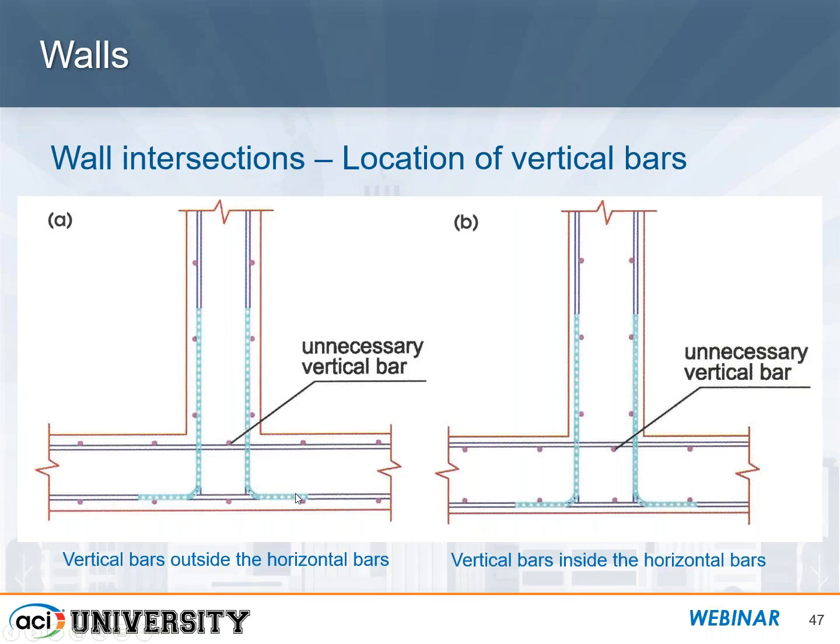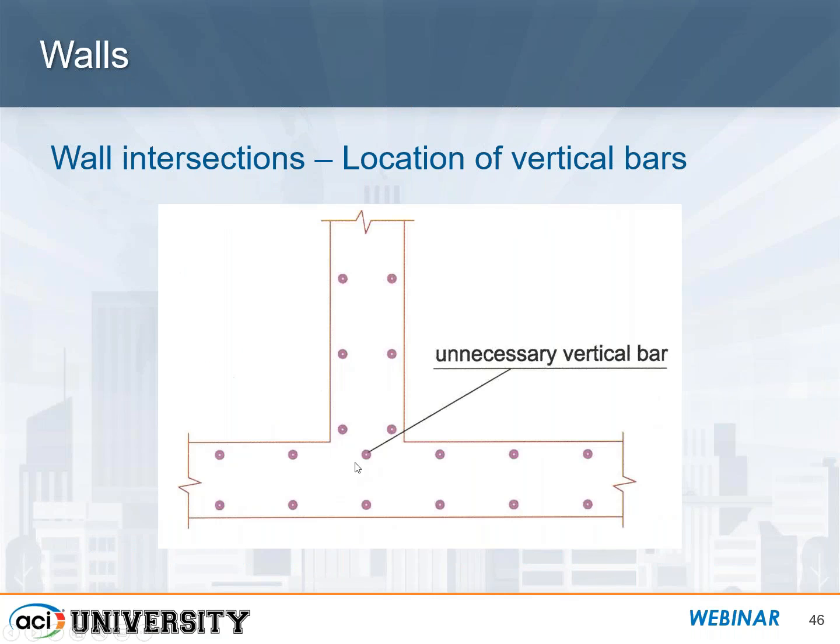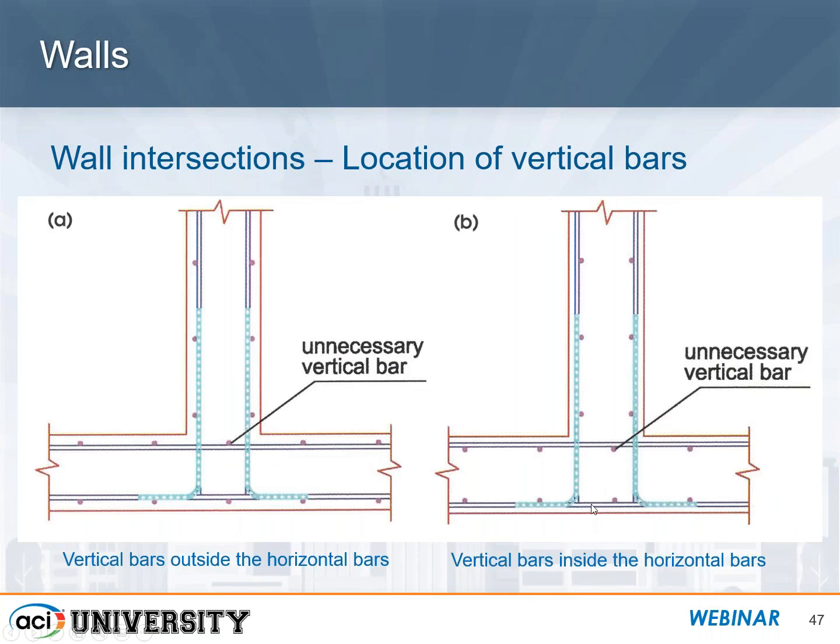Once we add the horizontal bars, then we could see issues again. So similar to what we had before, we're going to take this bar out, and then we're going to provide our separate hook bars that tie everything together at the intersection, and then do something very similar to what we had for our first case. A little easier here because we've got a little more to work with.